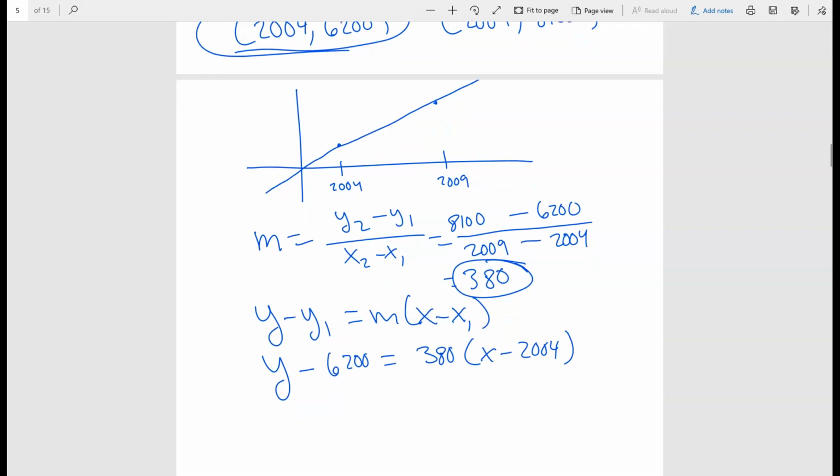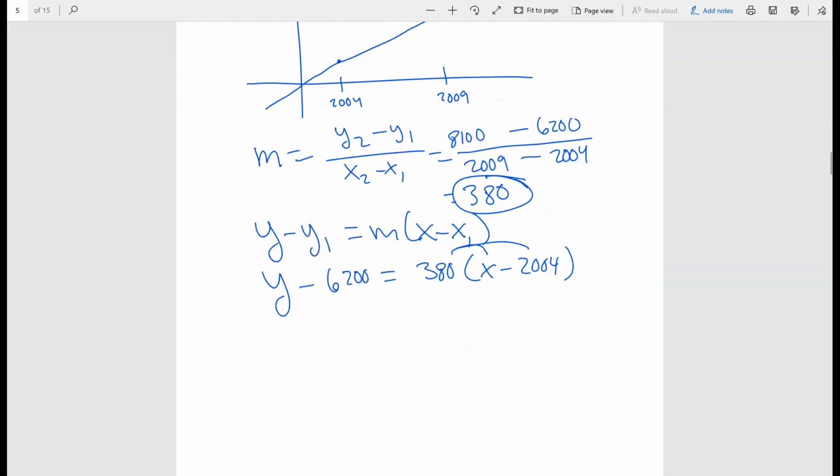Now we distribute: y minus 6200 is equal to 380x, and let's multiply this number, which is going to be ginormous, 2004 times 380. That gives me 761,520, and then we're just going to add this number to the other side.